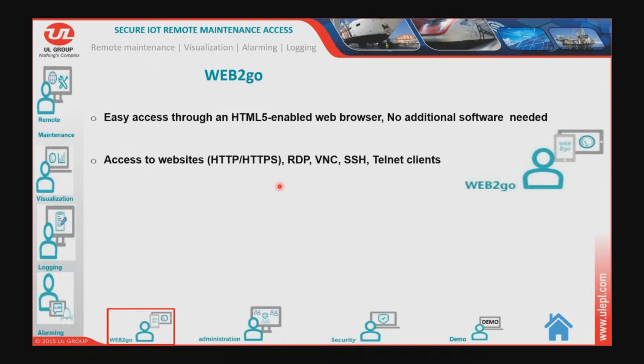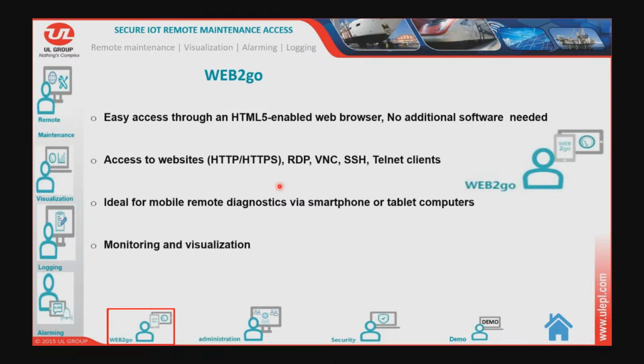Suppose you would like to access your SCADA system through VNC or RDP, these are remote desktop sharing protocols. Just like TeamViewer or AnyDesk, you can get your SCADA system on your system through the internet with the help of this Web2Go feature. And that can be viewed from a smartphone, tablet, or desktop. So this can be used for remote monitoring and visualization purposes as well.